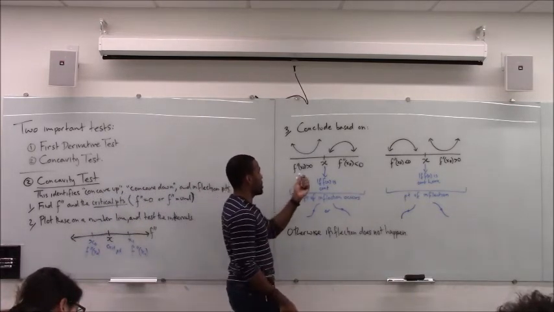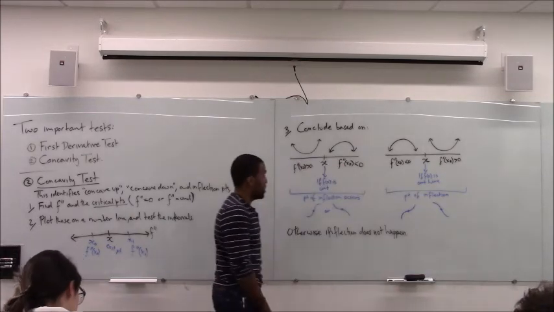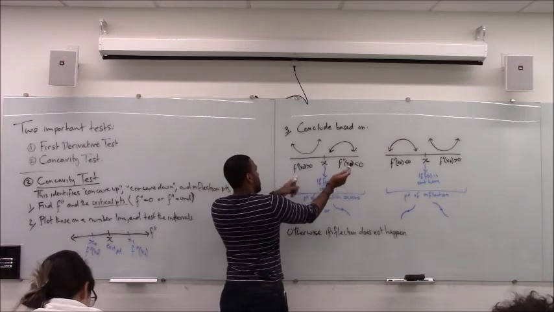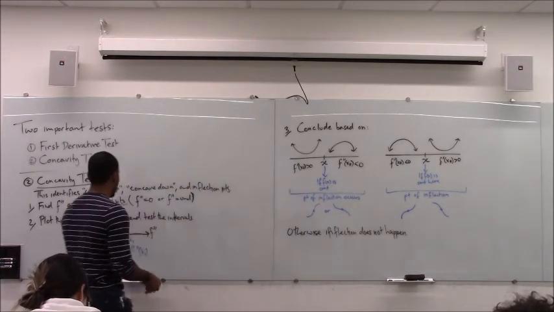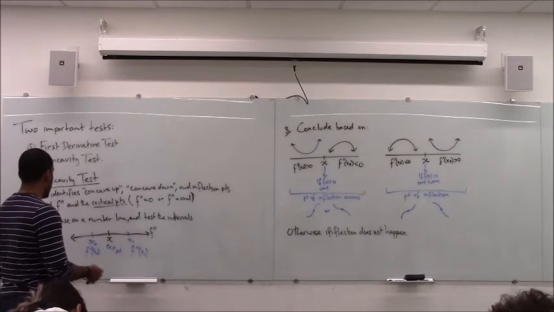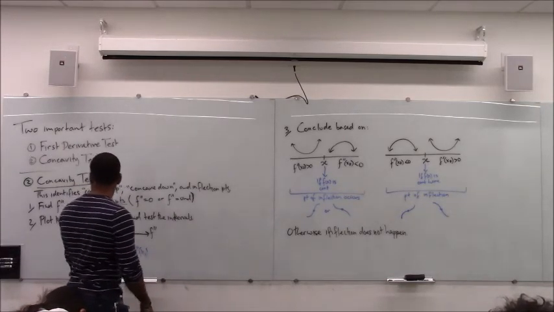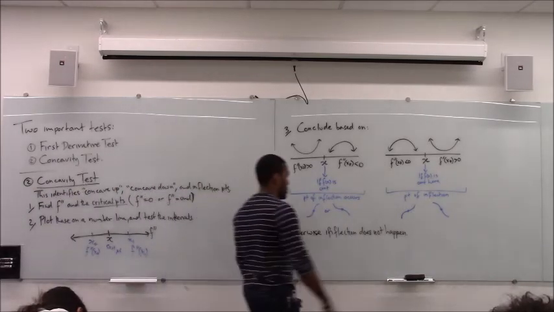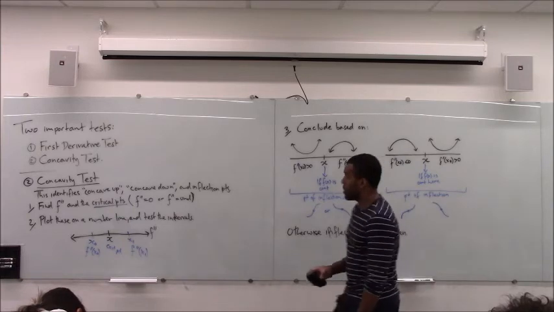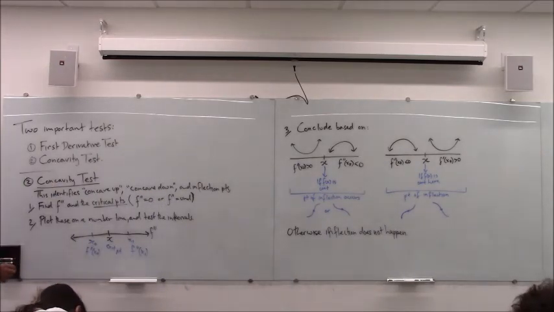You switch from a concave up to a concave down, or you switch from a concave down to a concave up. That shows itself in a change in sign when plugging random values. And we'll do some examples later, but I just want you to have that idea. So that's called the concavity test.